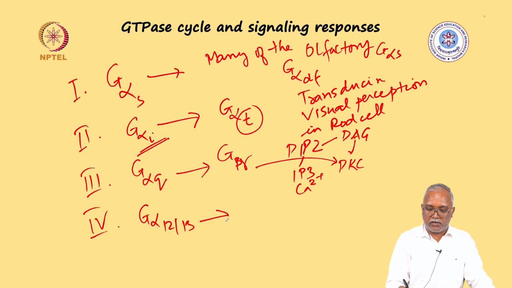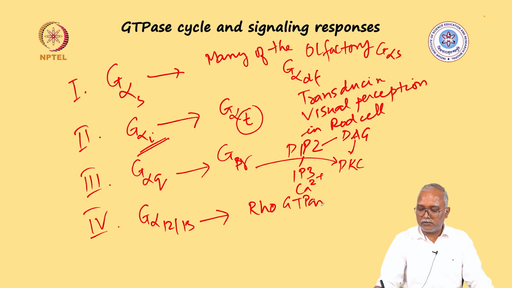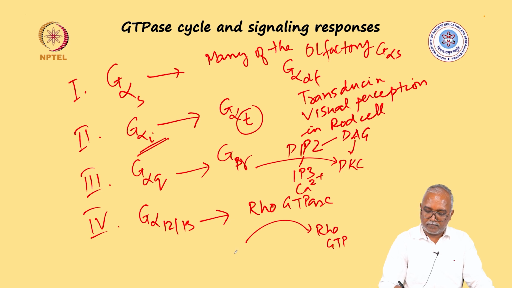Then G-alpha 12-13, mostly the G-alpha type gets activated, and they work through Rho, Rac GTPases, as I said. So they promote the Rho GTP bound state.